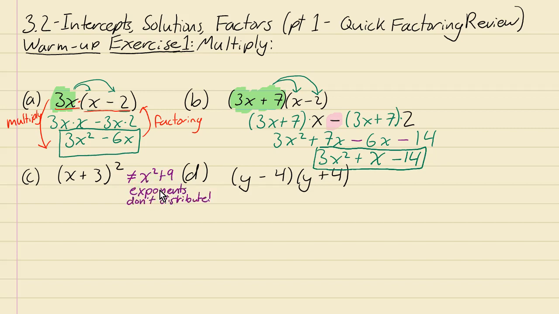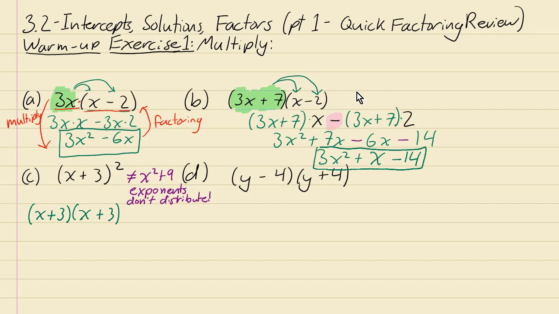But what we can do is just rewrite it as what it means to square something, is to multiply it by itself. So this is the same thing as x plus 3 times itself, x plus 3. And you don't really have to do this whole double distributive rule thing. You can just FOIL, because that's probably what you're used to.